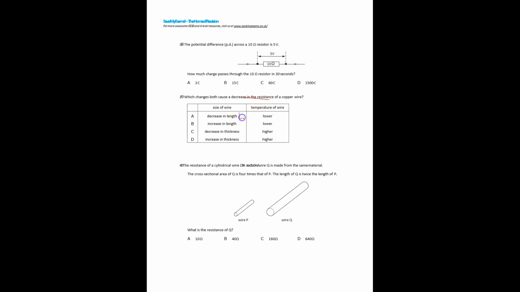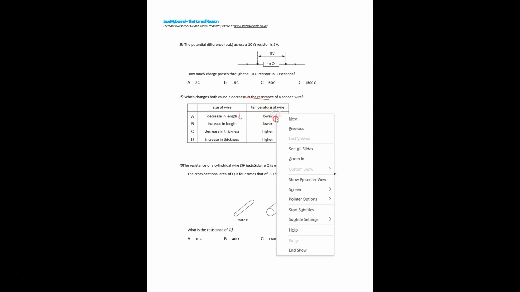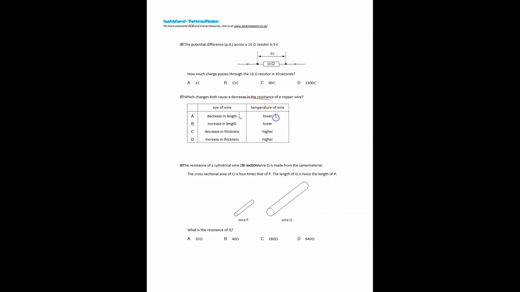And for temperature of the wire, lower temperature lowers the resistance; temperature decreases, resistance decreases. So length decreases, resistance also decreases, and decrease the temperature, resistance also decreases. So decrease in resistance, this option is right.